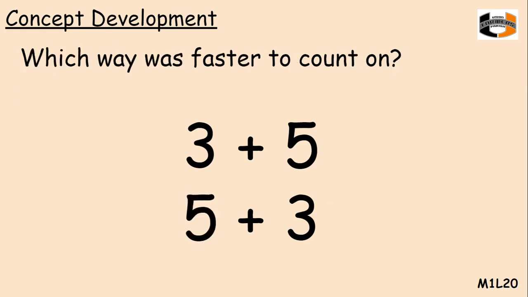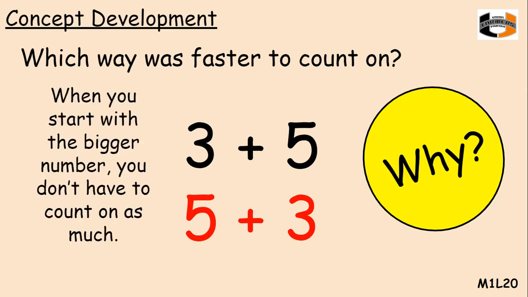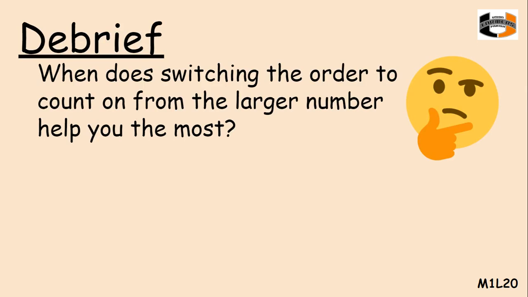Which way was faster to count on? 5 plus 3. Why? When you start with a bigger number, you don't have to count on as much. When does switching the order to count on from the larger number help you the most?